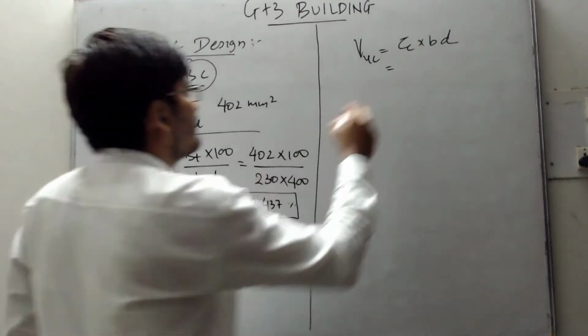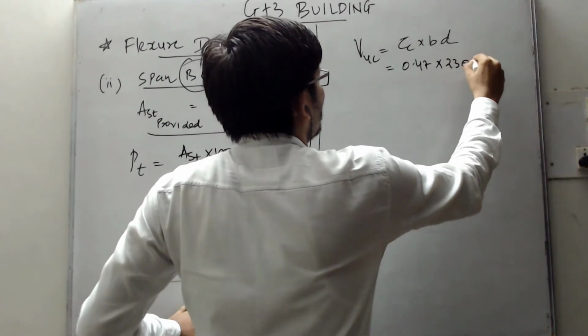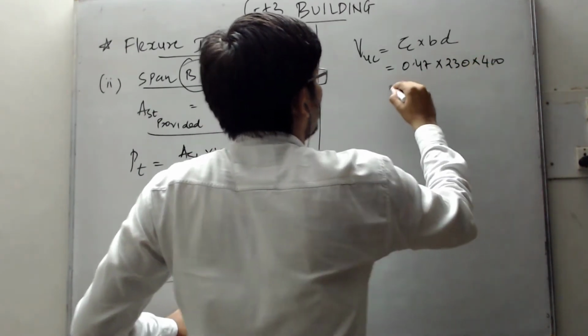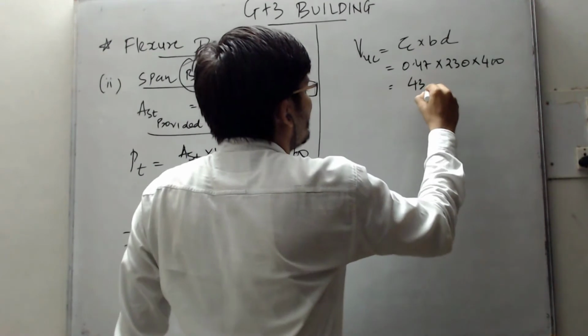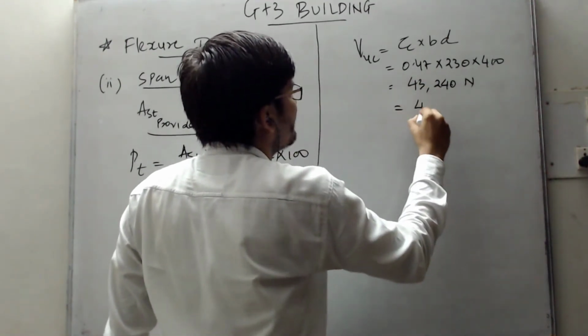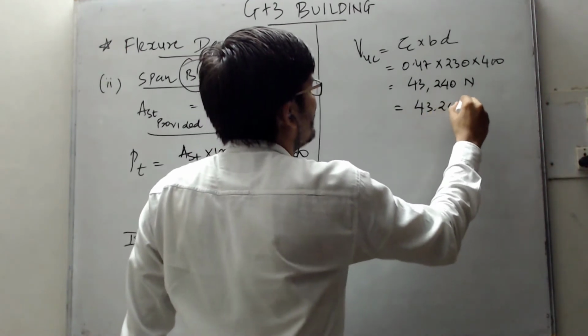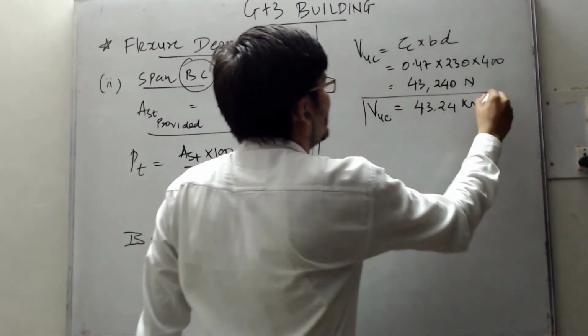So 0.47 multiplied by 230 multiplied by 400 will give us the VUC value, and I am getting that value as 43,240 Newton. Convert this into kilonewton. So 43.24 kilonewton is the value of VUC that I am getting.